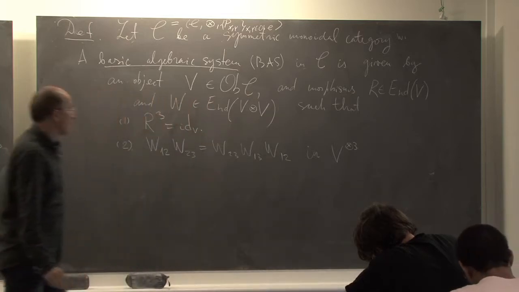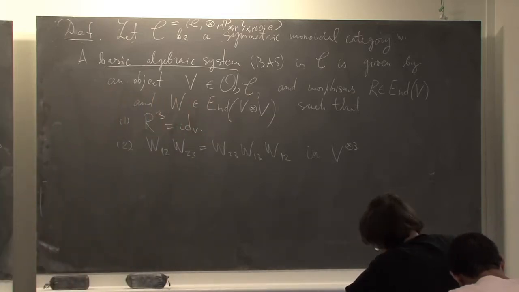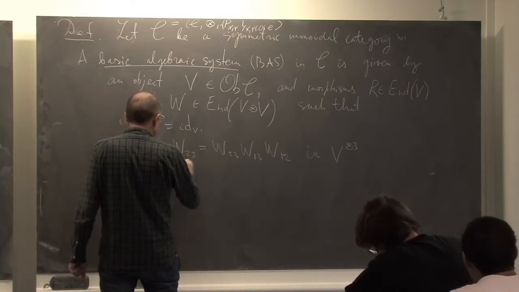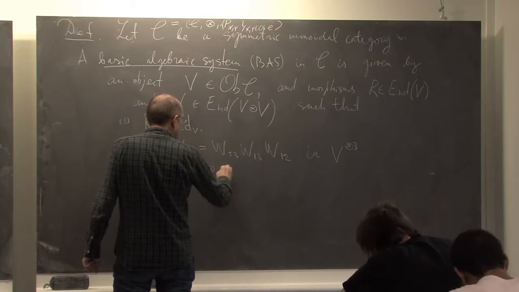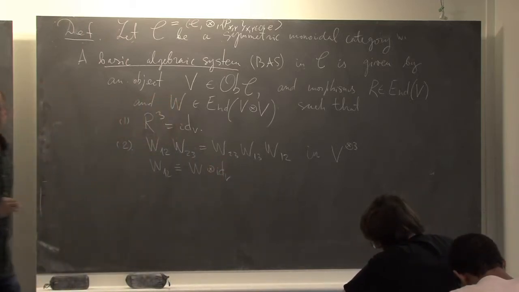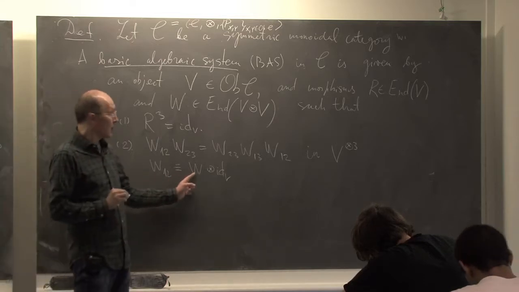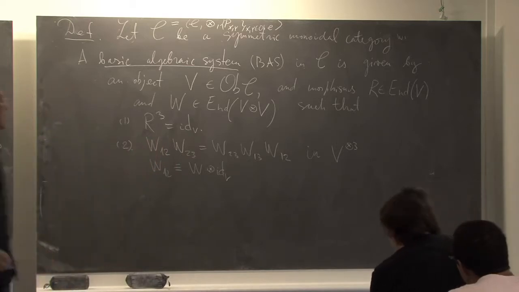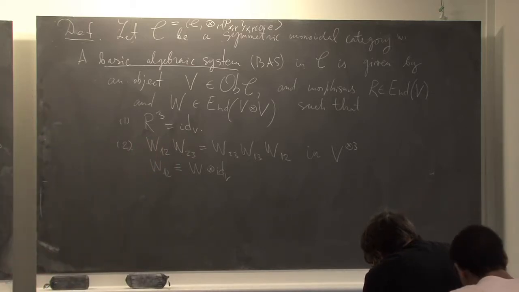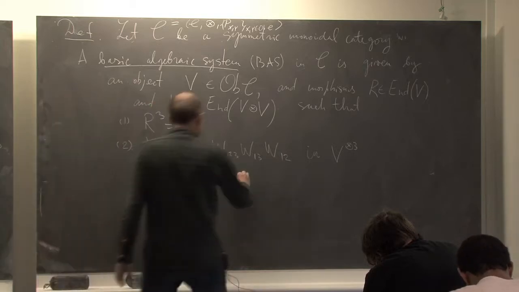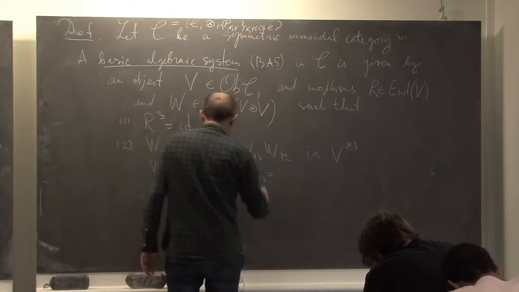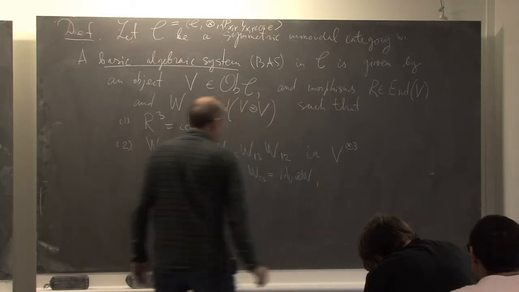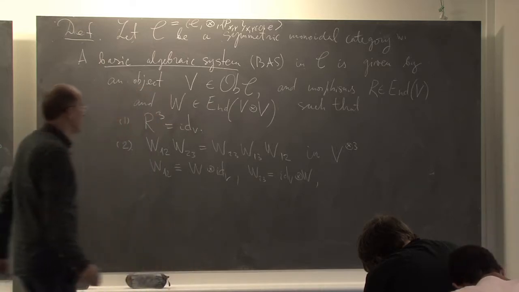And I should say also that W12, by definition, is W tensor identity in V. So those indices just say how W is included in the endomorphism monoid of V. So W23 is identity V tensor W, and less trivial is W13.